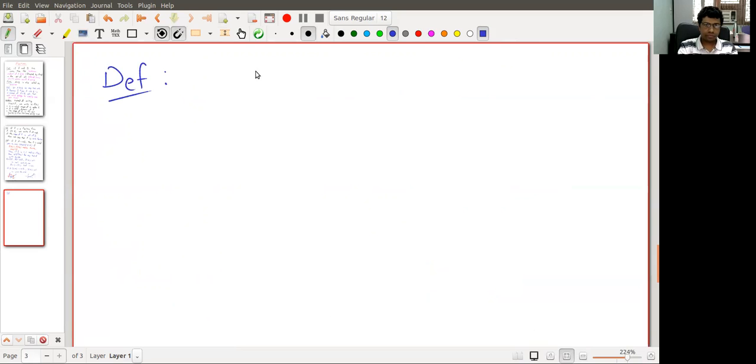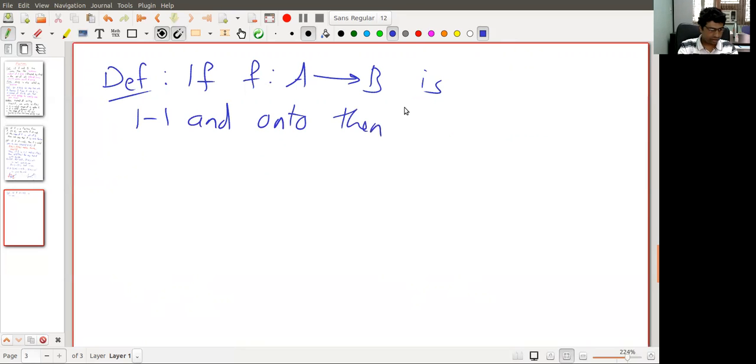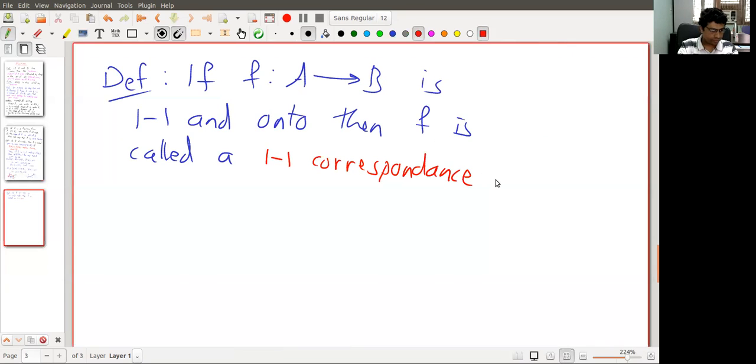If f is a function from set A into B that is 1 to 1 and onto, then f is called a one-to-one correspondence between A and B.